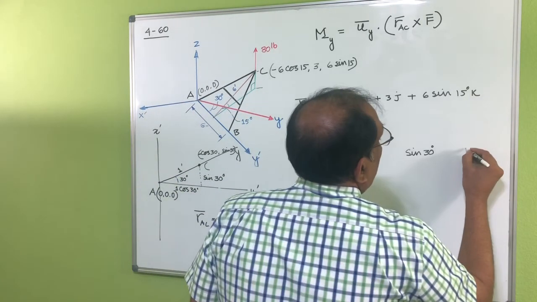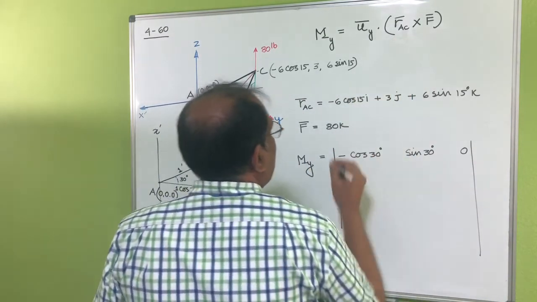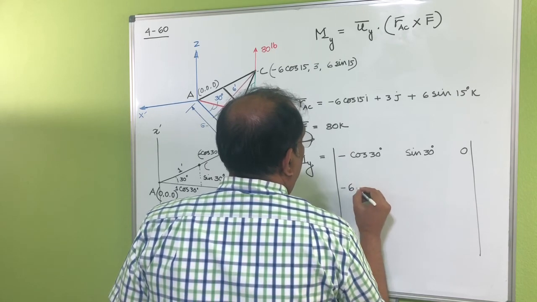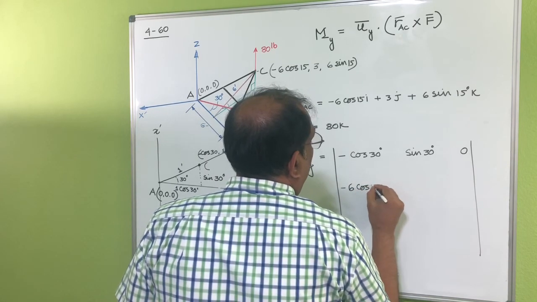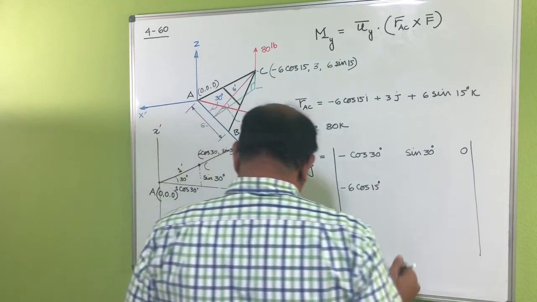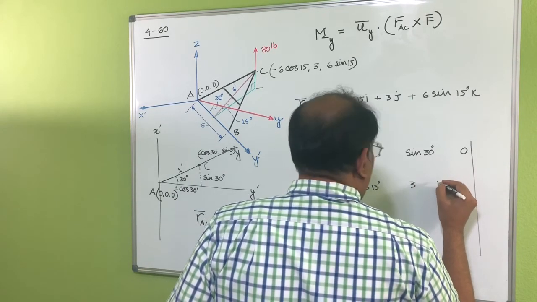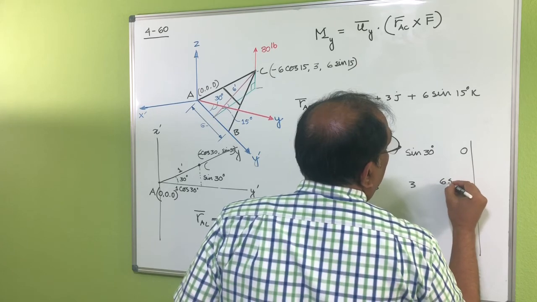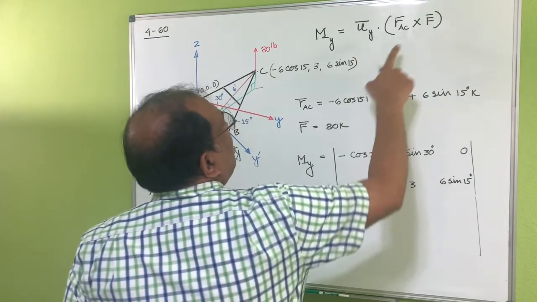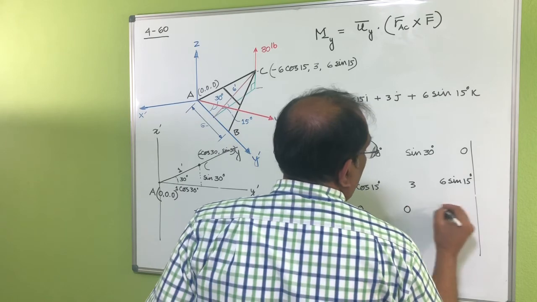And then this one is 0. And the r_AC, so this one is minus 6 cosine 15, 3, and this one is 6 sine 15. And for that force vector, you already know this is 0, 0, 80.